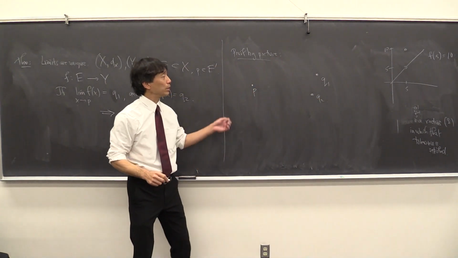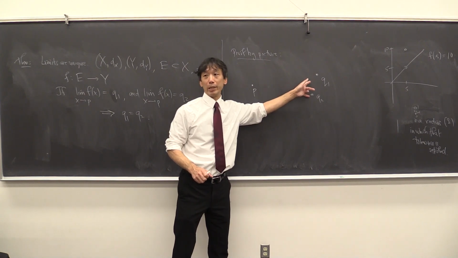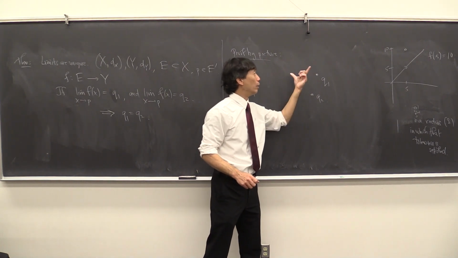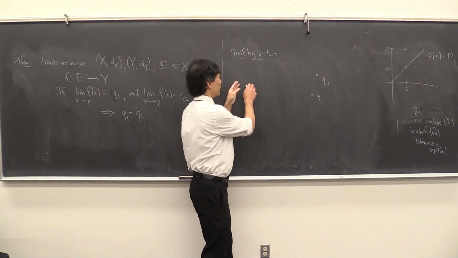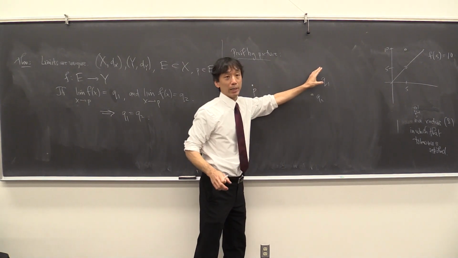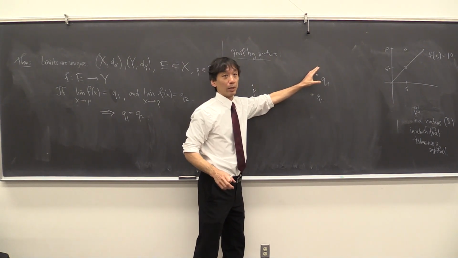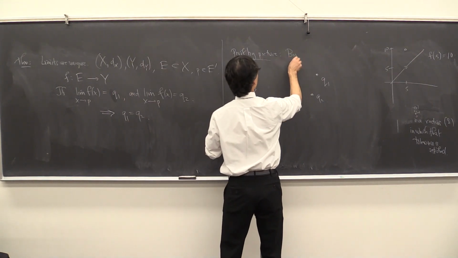Suppose that each of these has the limit property, that no matter what epsilon neighborhood you take, you can find a punctured neighborhood where everything inside gets mapped inside the epsilon neighborhood. That will result in a contradiction, so we'll do it by contradiction.